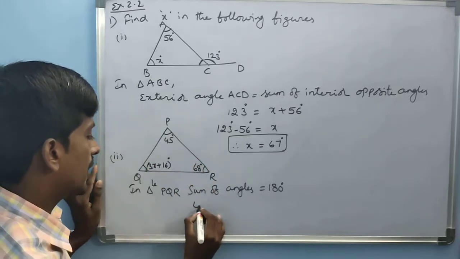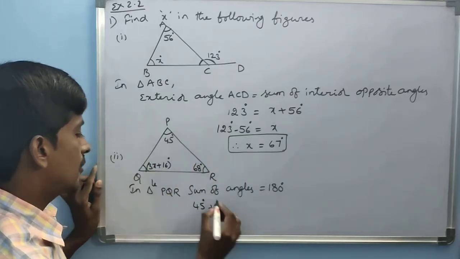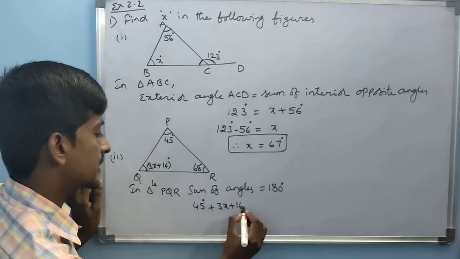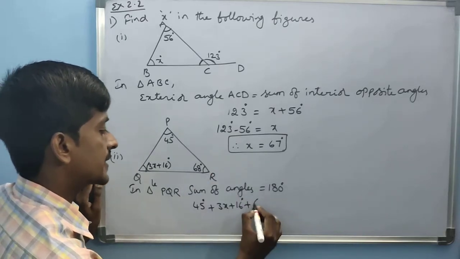One is 45 degrees plus one is 3x plus 16 degrees plus one is 68 degrees.